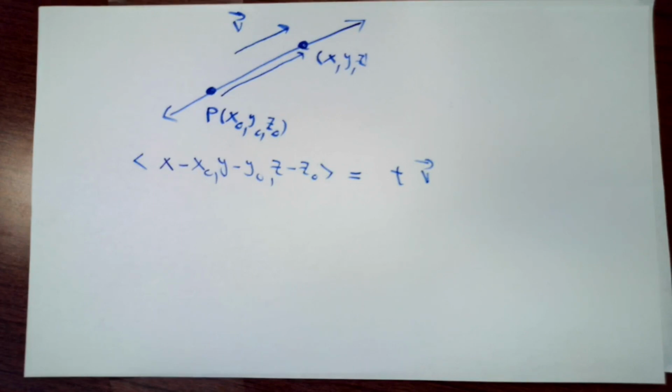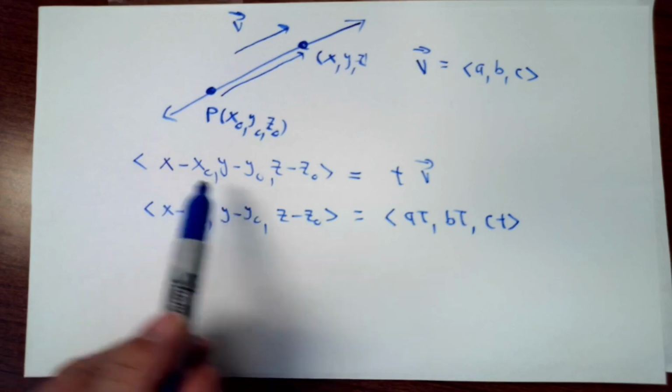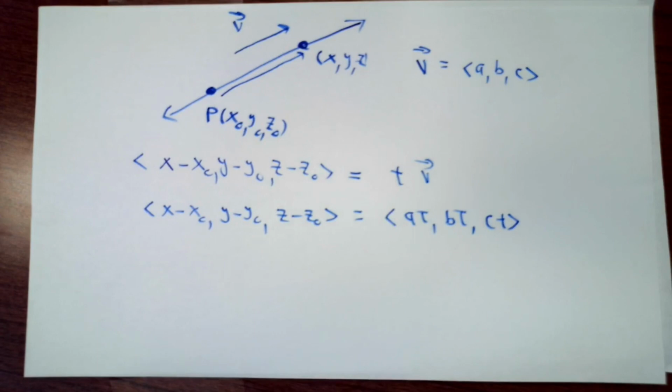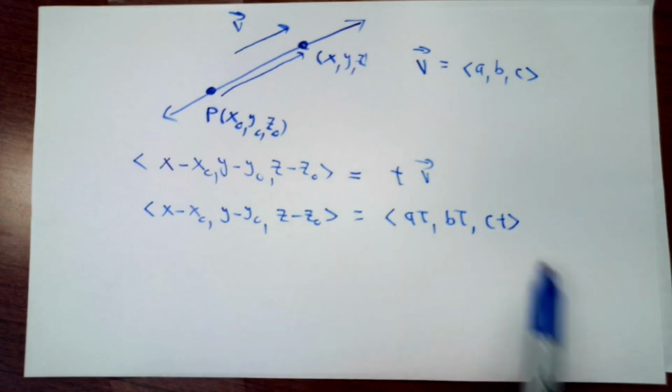I'll call the number in the multiple t. t is a parameter. By varying t, I can get different x, y, z's on the line. I'll call the components of this v vector a, b, and c. This vector must be t multiplied by vector a, b, c, which has components a times t, b times t, and c times t.